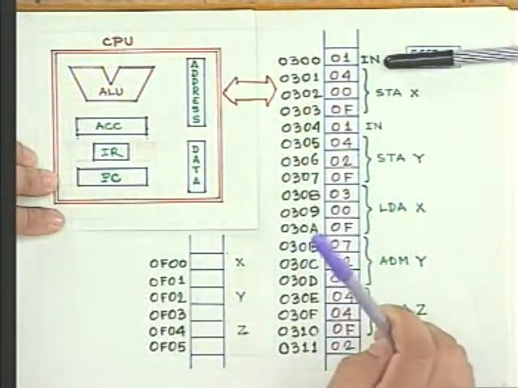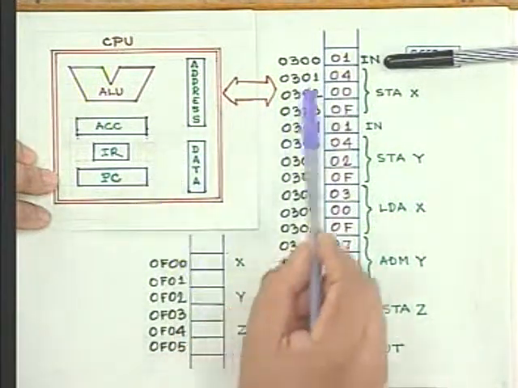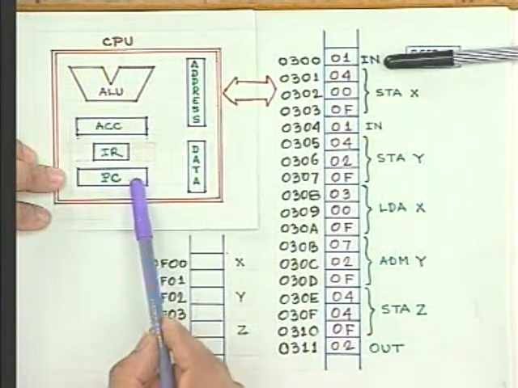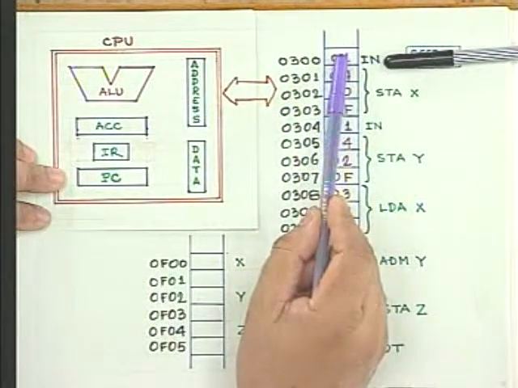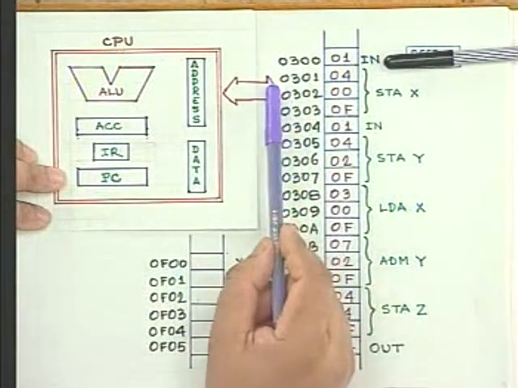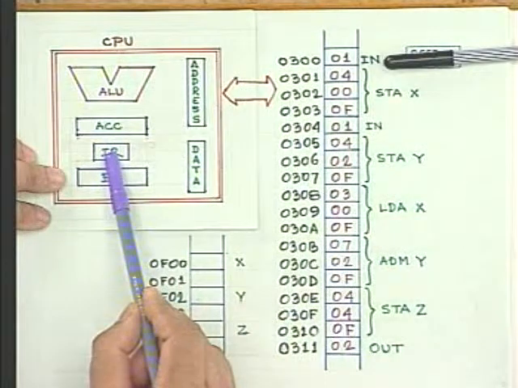The program counter now contains 0300, which means that instruction is going to be executed next. Now what happens is that whatever is the content of the location pointed to by the program counter, that means 0300, its content is taken out, we call it fetched, from that memory and is brought into the instruction register.